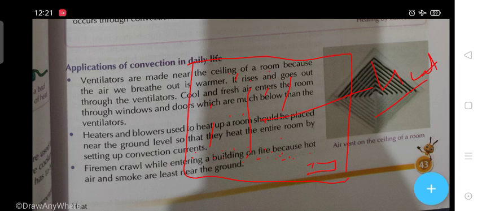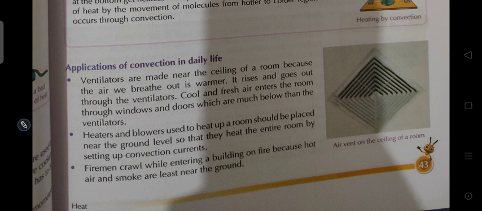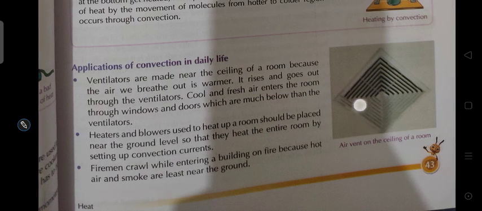Again the cool molecules will come in contact with the heater, become lighter, and again rise to the ceiling. So here also the convection method takes place.